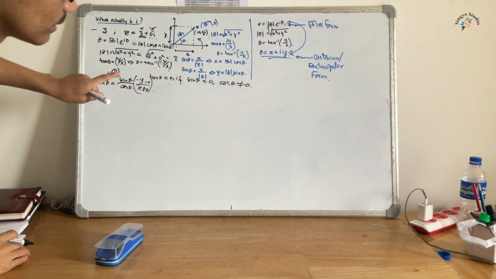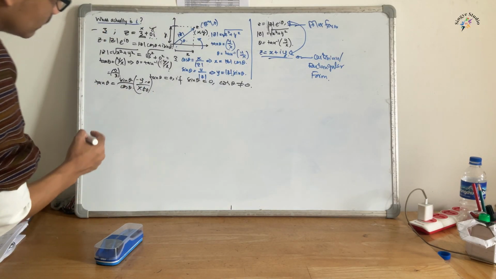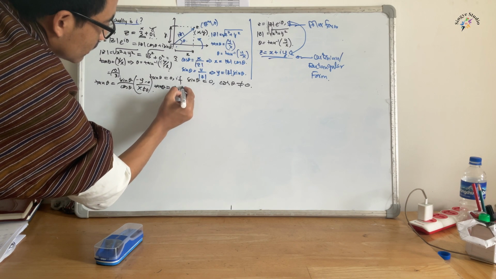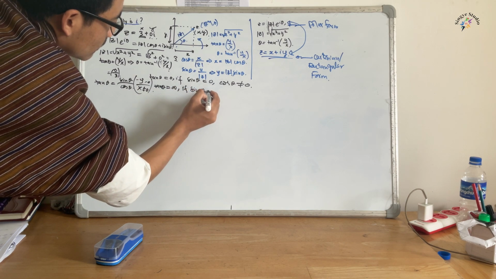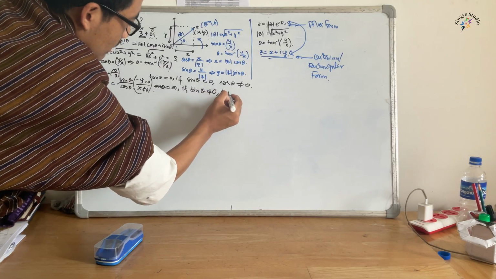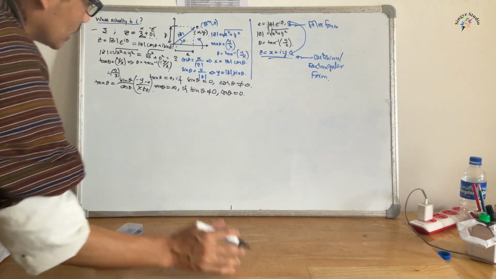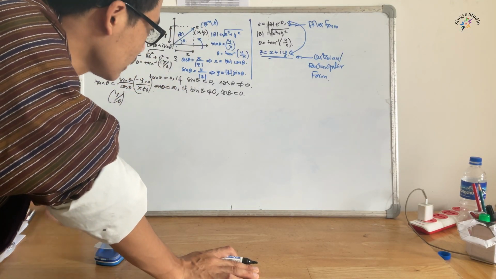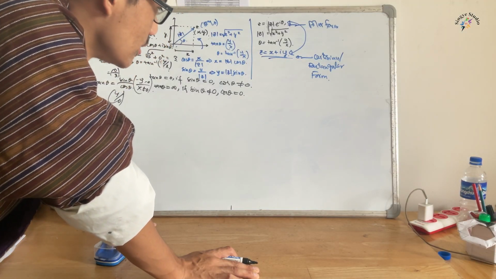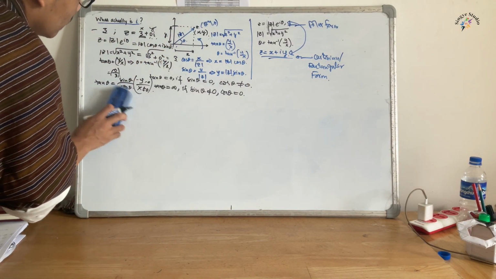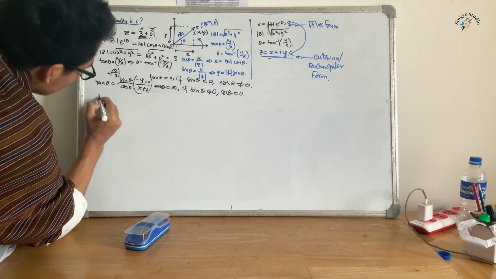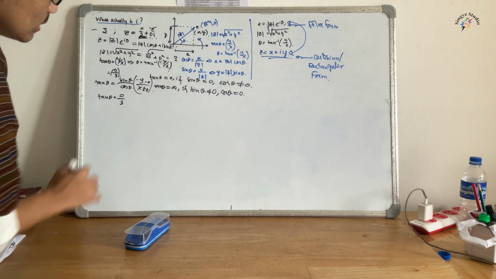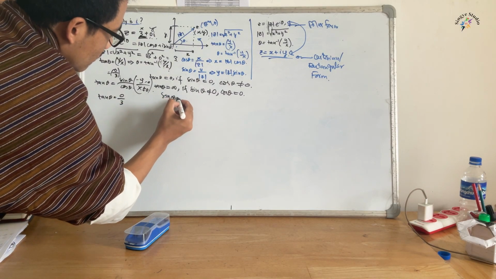As well, you can see that tangent theta will be infinity if sine theta is not equal to 0 and cosine theta equals 0. Okay? Because if you divide any number by 0 it is undefined, but in terms of trigonometry we treat this as infinity. So for the number 3, tangent theta equals 0 by 3, right? Which means our sine theta is 0.